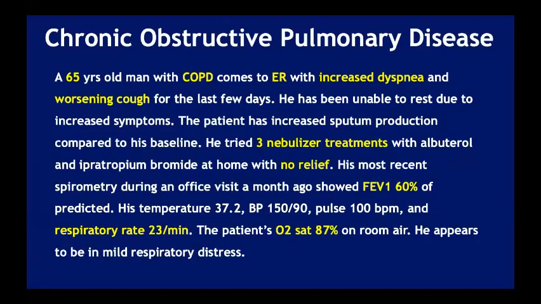And he's unable to rest. He tried 3 nebulizer treatments at home with albuterol and ipratropium with no relief. So this means that this patient is now having a refractory presentation, a refractory acute exacerbation of COPD. Forced expiratory volume in the first second is 60% of predicted, respiratory rate 23, oxygen saturation is 87%.